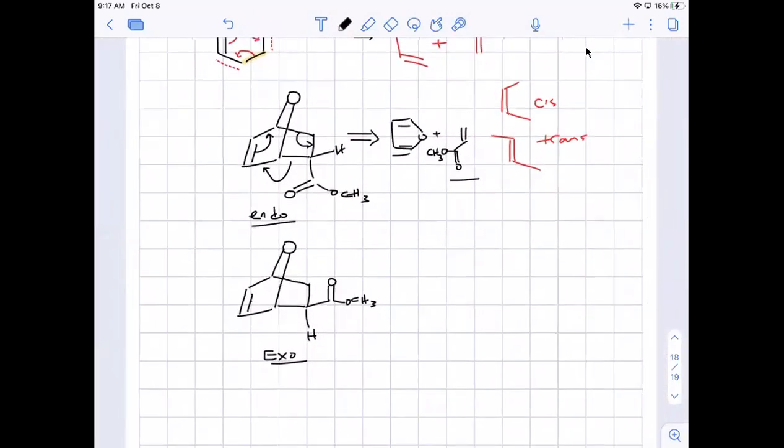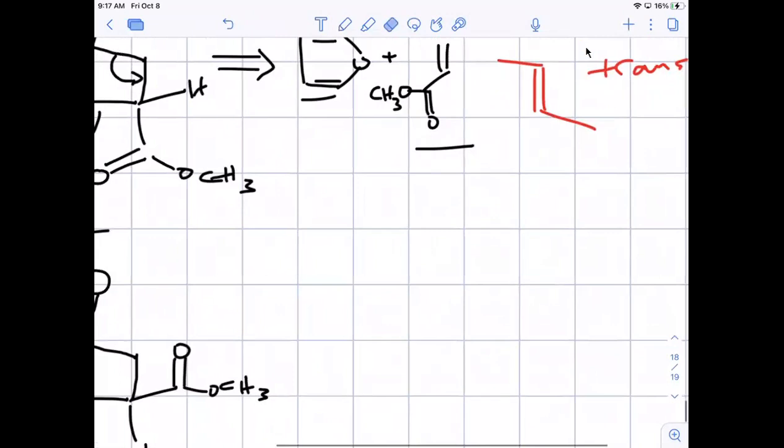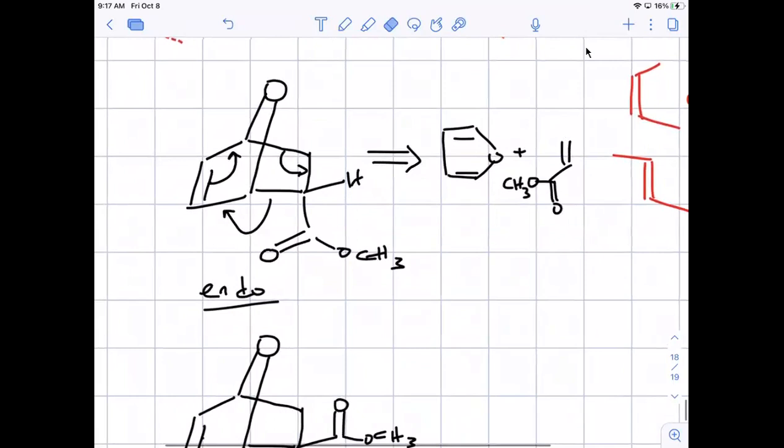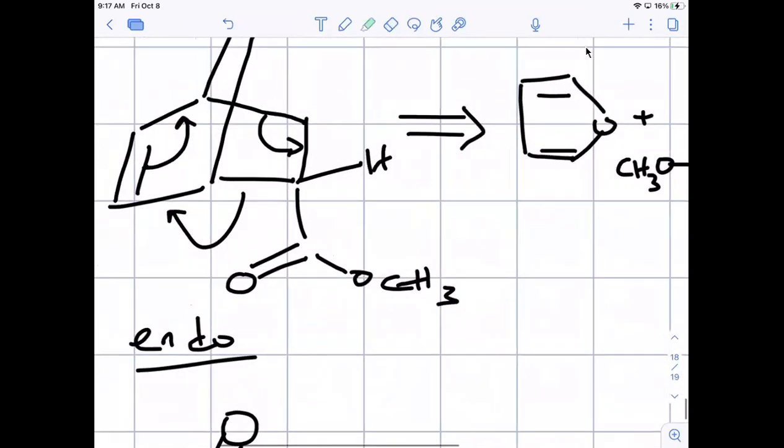I have a question. Go ahead. Where did the other bond, between the double bond and the CH3OOH, come from in the product of the one we just did? Right here. You see that bond right there?